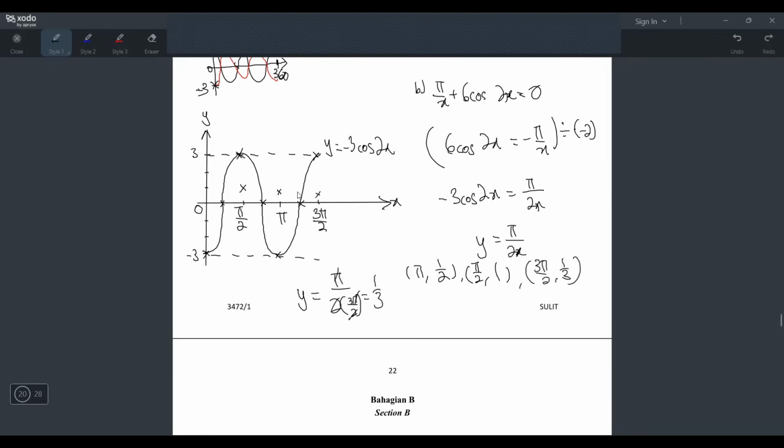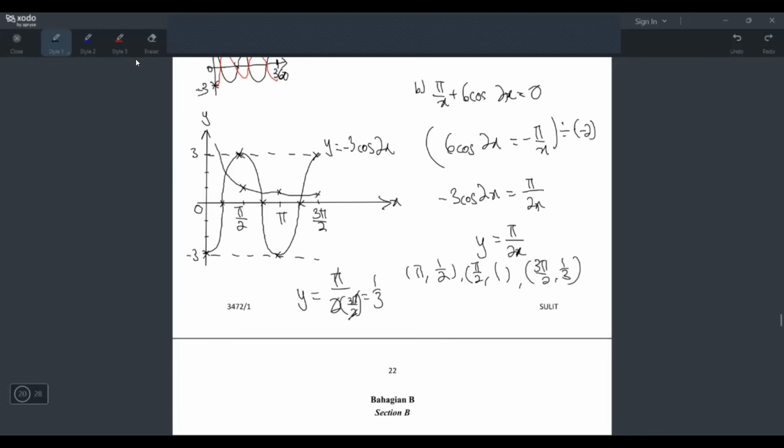So now it's time to draw, and here you cannot draw a straight line, you have to draw a curve. So the curve will look like this. Okay, and it cannot touch the y-axis. Yeah, if you touch the y-axis, then it's wrong already. Okay, let's draw it again. So it's like this, go up. Try to make it touch the point.